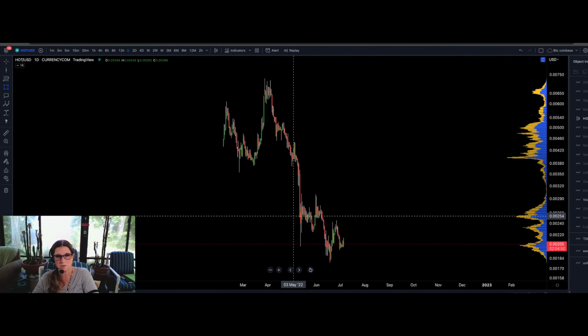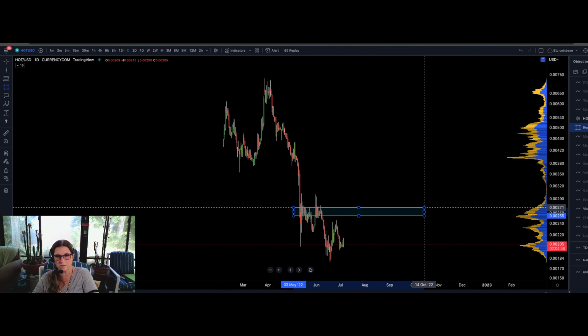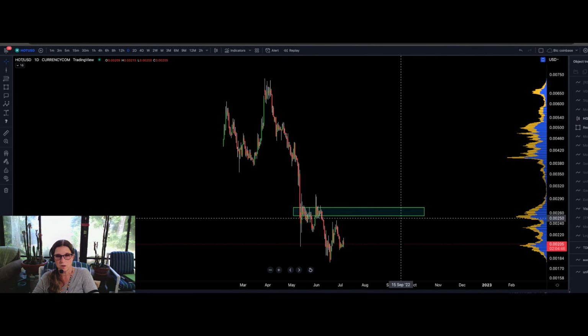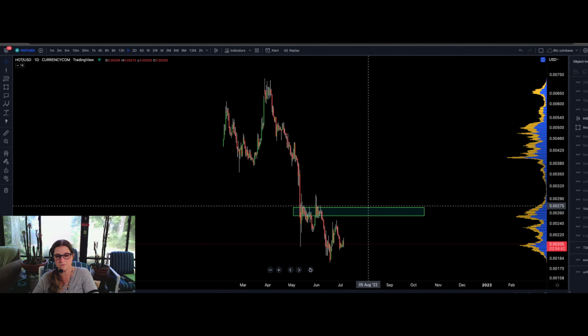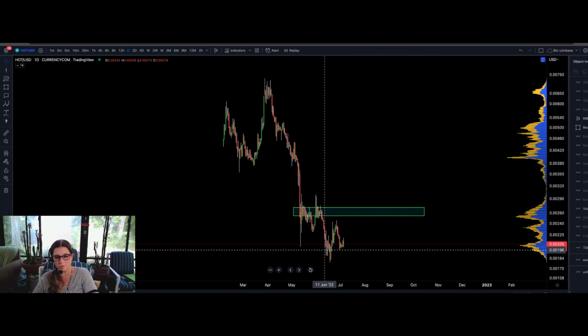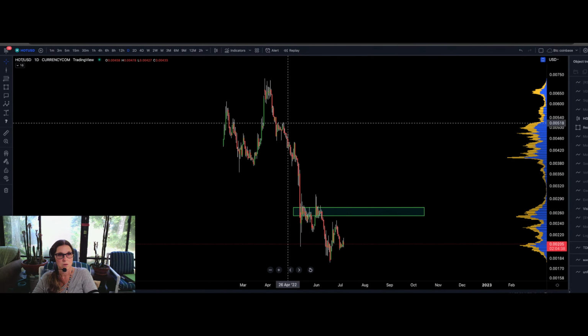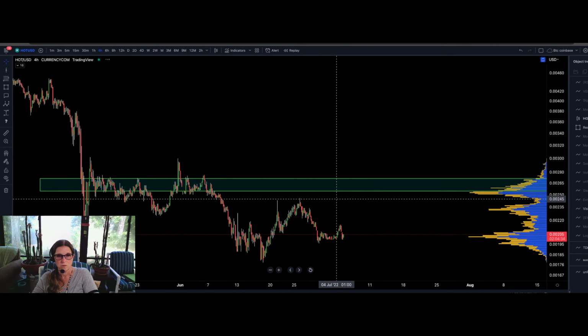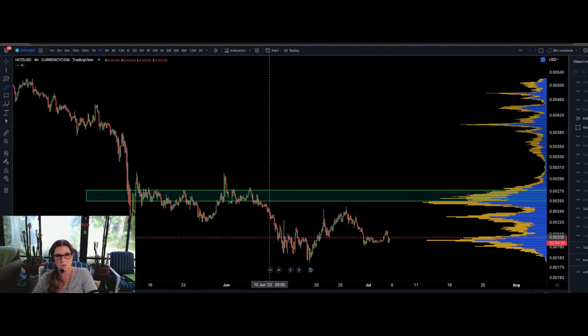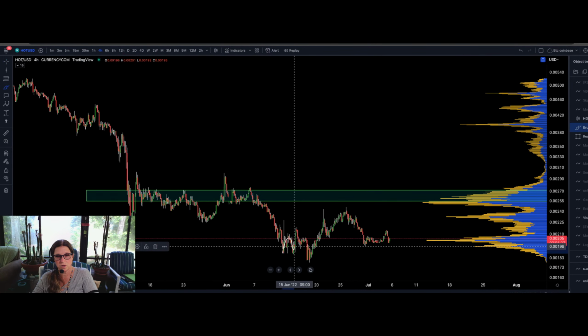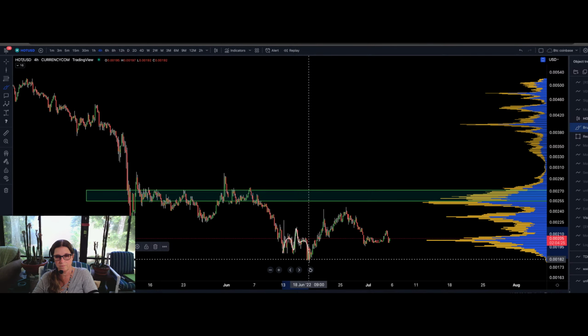This is what we've got to get above. We've got to get above here to try to fill in this insufficiency and do it in a 5-wave move. You can see the little 3, 3, 5.